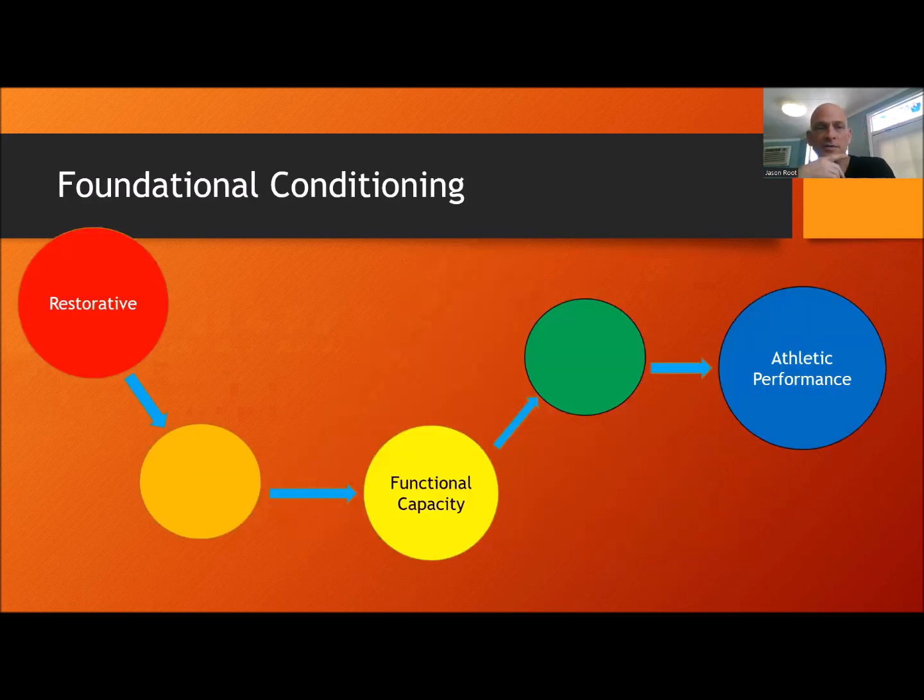Another way to look at this would be as a road. This road is not exactly straight, as you can see, and I didn't do the best job of making it curvy either. You can also see it's sort of like lily pads. Think about trying to cross a pond, trying to get from restorative conditioning or health all the way to the end, the place where you do athletic performance, if you want to go that far.